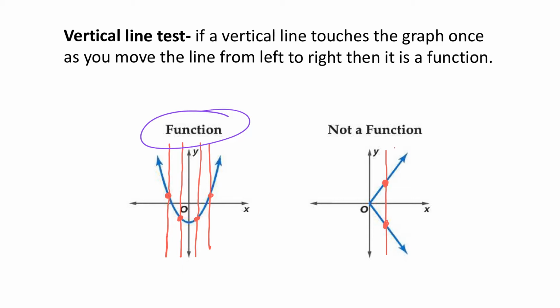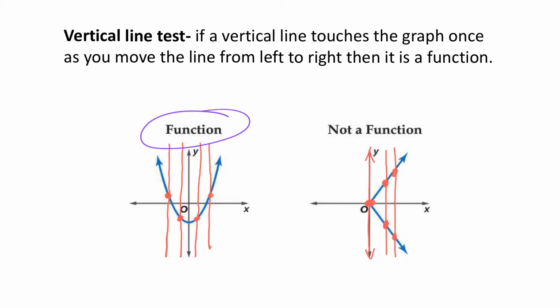You can draw another one here. When I draw the second one, look, 1 time, 2 times. So it touches the graph 2 times. Now you might be asking, what happens at the origin? If I draw that line on top of the y-axis, crossing the origin, yeah, it touches once, but when this vertical line moves to the right and becomes this one, now it touches 2 times.